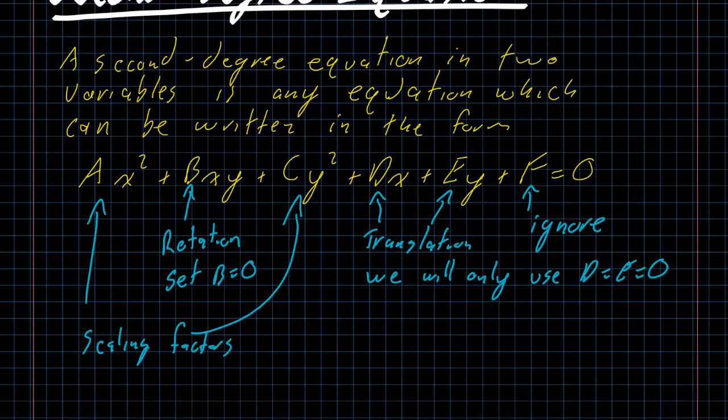That leaves us with a and c. a and c are both scaling factors. The larger those values, contradictorily, the smaller the curve, and the smaller those values, the larger the curve.